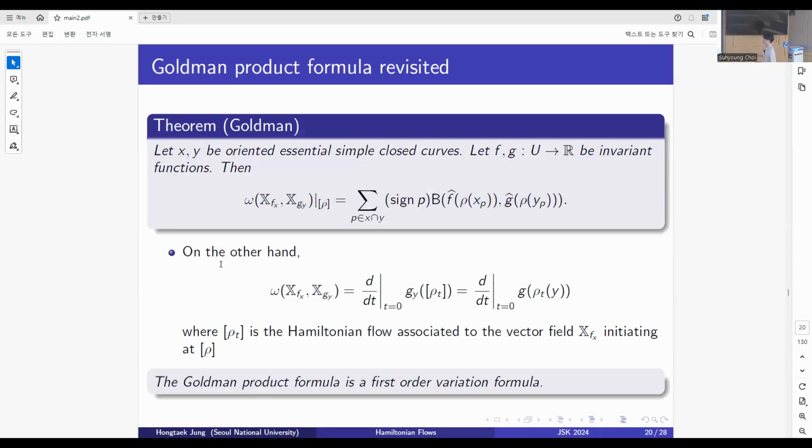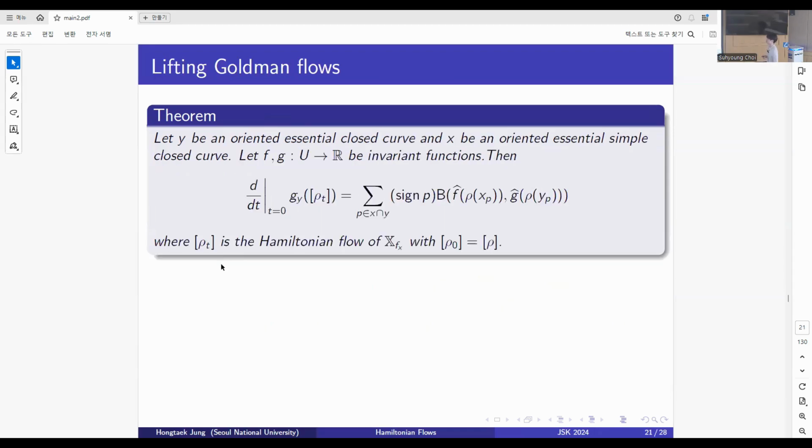So using this kind of observation, we can prove the following theorem. Now, y is just an oriented essential closed curve. It's not necessarily simple. And x needs to be simple again because we have to do some Hamiltonian flow stuff. So x is an oriented essential simple closed curve. y is just an essential closed curve.